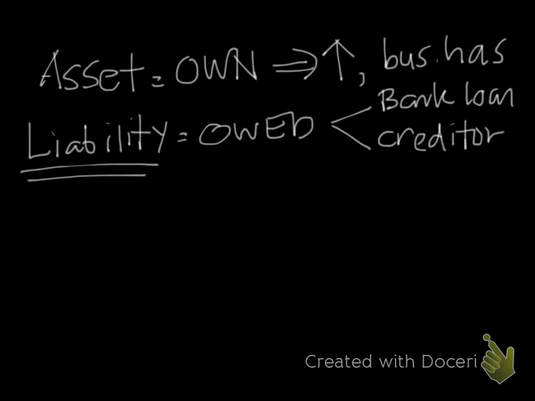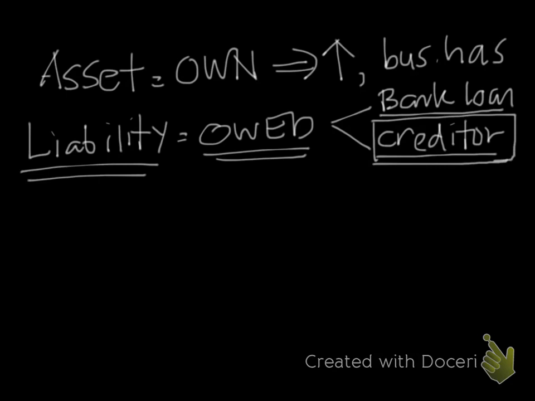Liability shows that the business owed something to the third party, from a bank loan, and from a supplier when business bought goods on credit, which in accounting we call a supplier as a creditor.